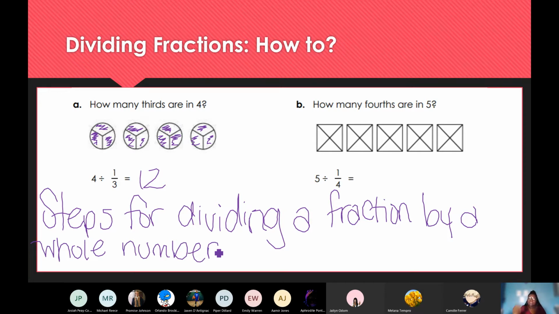We want to know there are steps to doing this, and the steps are very similar to what we followed when we multiplied a fraction by a whole number, which is also recorded in the folder. Steps for dividing a fraction by a whole number. Step 1.